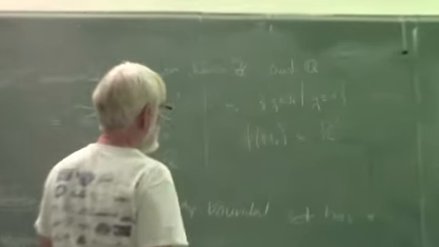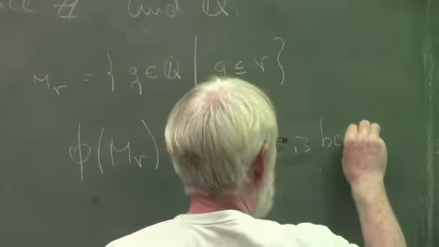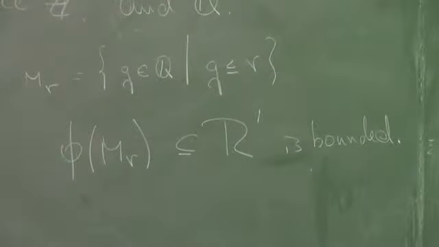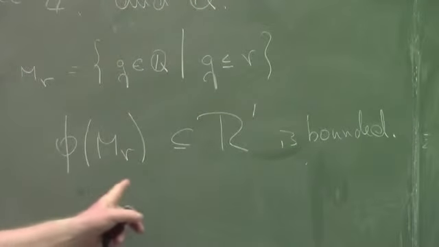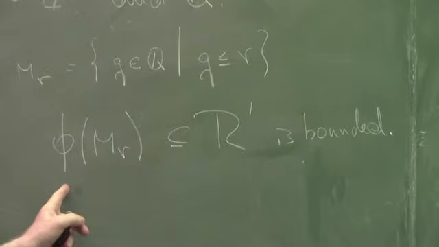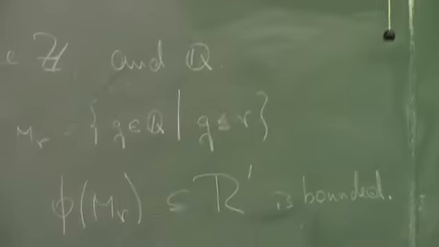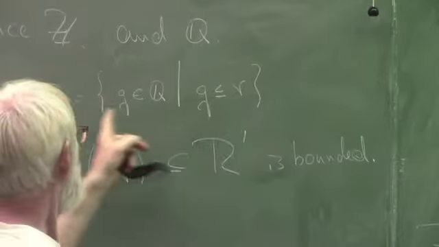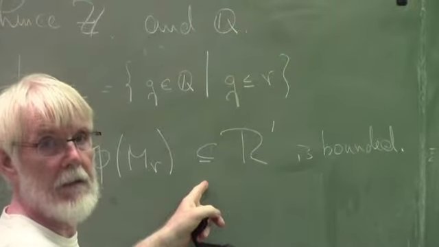It's bounded, right? The phi is bounded or R prime is bounded? This set is bounded. Yeah, you set a stipulation with the R, that's why, right? So there is a rational number that's bigger there.